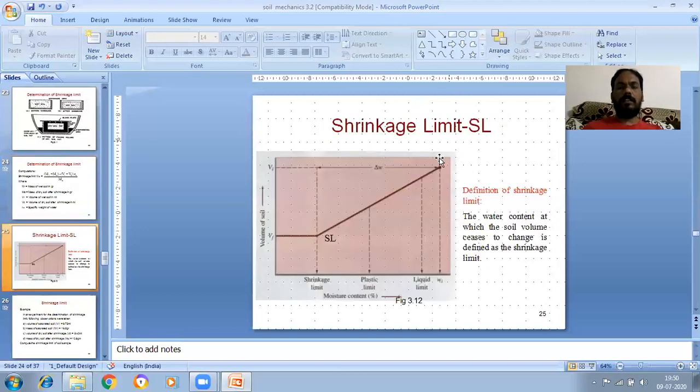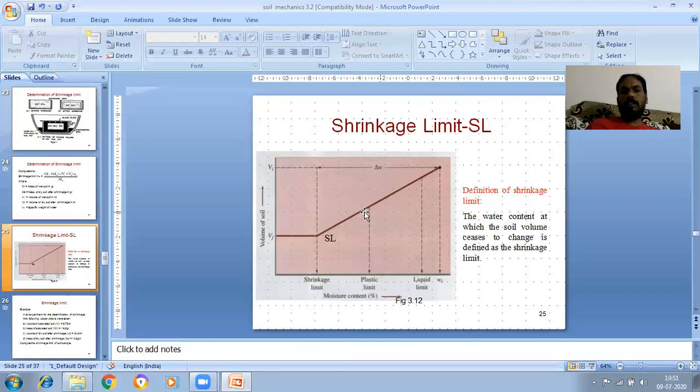Now, shrinkage limit, SL, let us understand now. Here we take the volume of the soil on the y-axis, and the water content or moisture content in percentage on the x-axis. This is the liquid limit. At this stage, this much volume is there, V1.